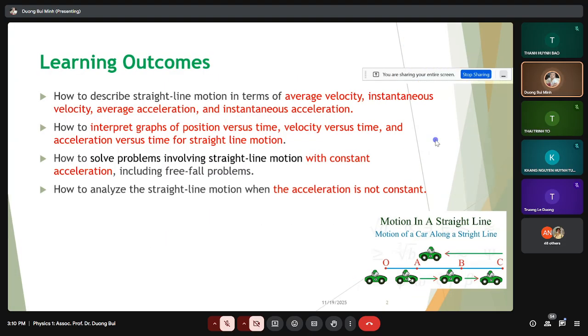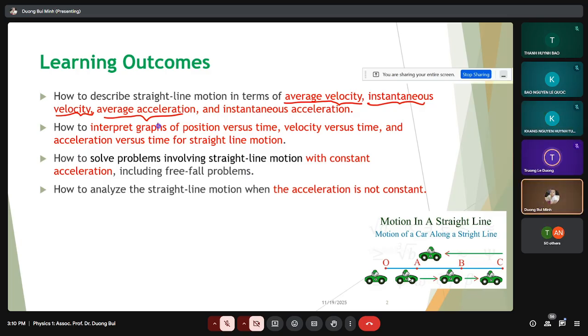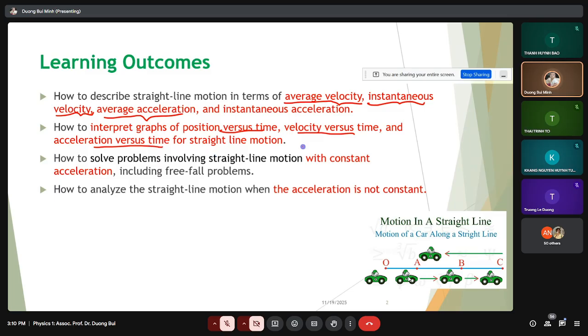Now, learning outcomes. When we finish lecture 2 part 1, you can understand average velocity, instantaneous velocity, average acceleration and instantaneous acceleration. How to interpret graphs of position versus time, velocity versus time, and acceleration versus time for straight motion.